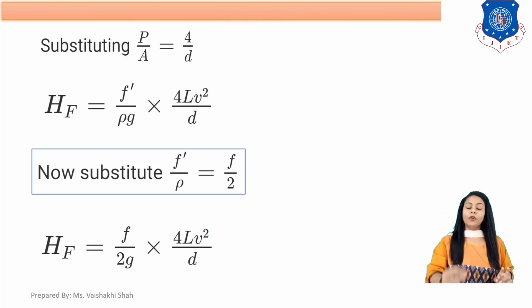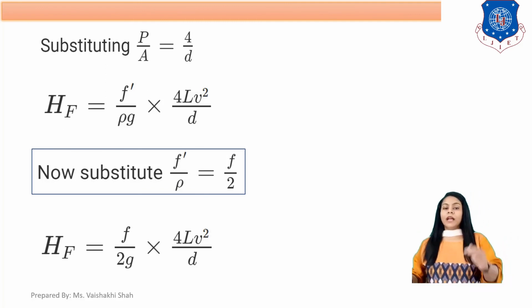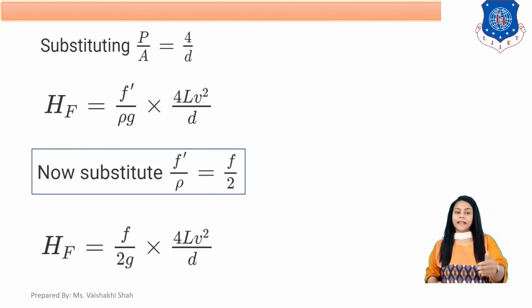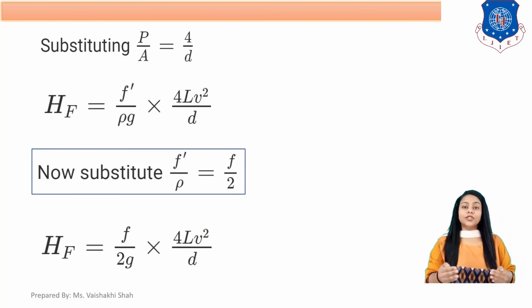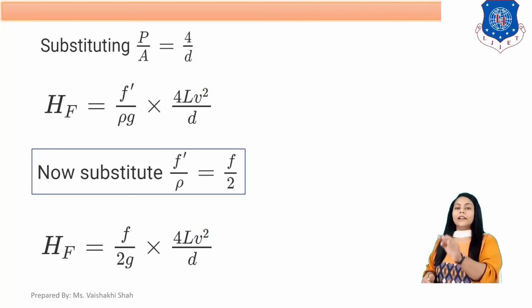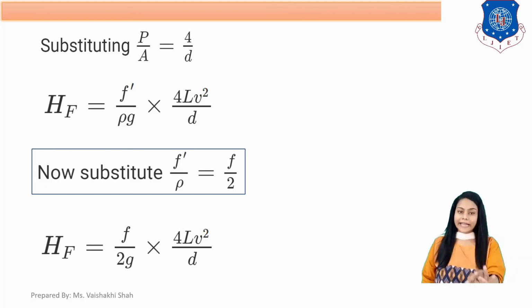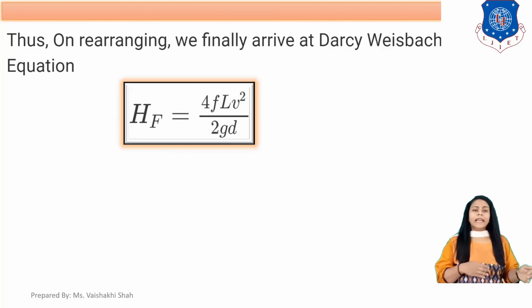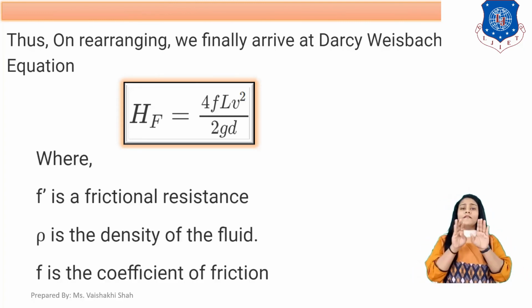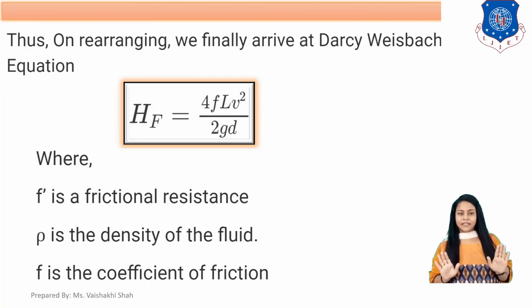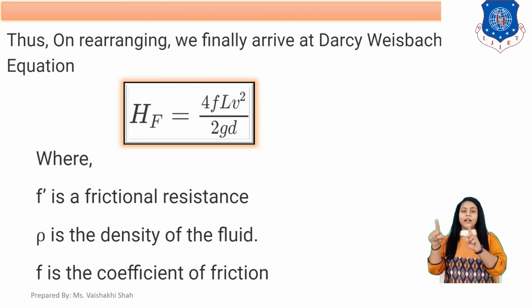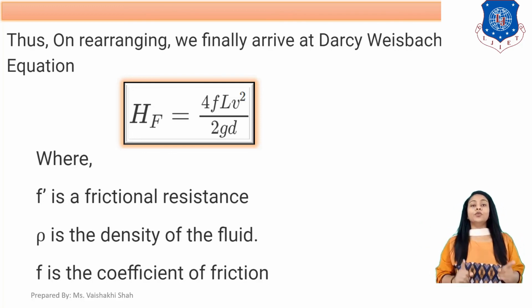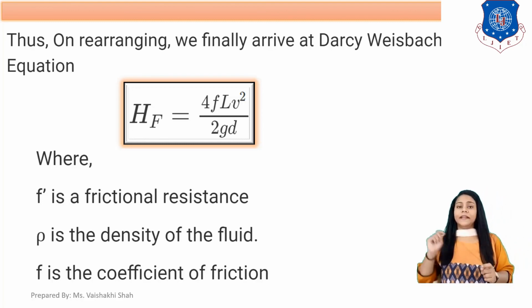So you can replace F dash by rho by F by 2, and substituting that in the equation of HF, HF equals F by 2g into 4 L V square by D. Again, if we rearrange this equation, we finally derive the Darcy equation, which is HF equals 4F L V square divided by 2gD. You have to remember this equation for calculating examples.